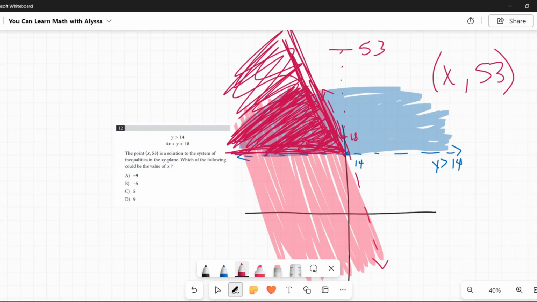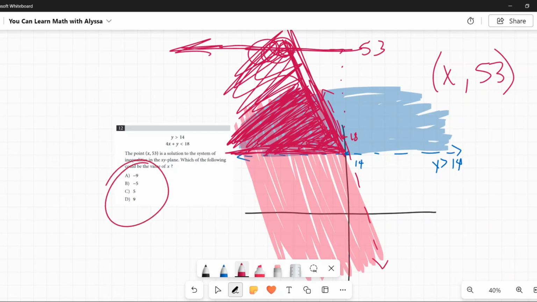And you're going to look and see which of these x values is in that shaded area when y is 53. Is it 9? Is it 5? Is it negative 5? Is it negative 9? Those are our four options. So you're going to look at that 53 and kind of look at it over with your eyes and go, okay, once it gets in the shaded area, which of these four points could it be?